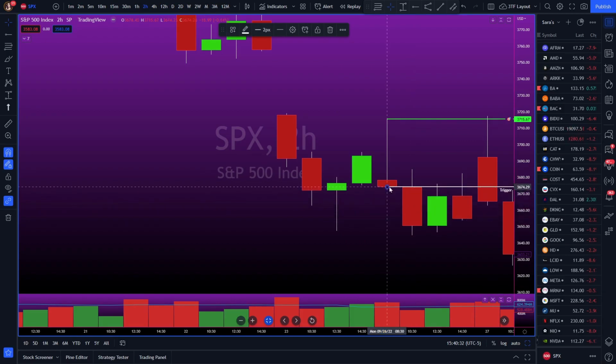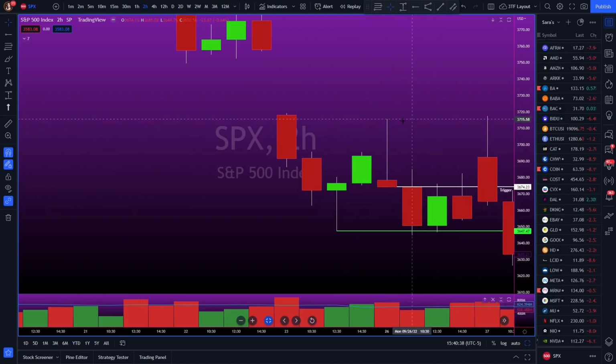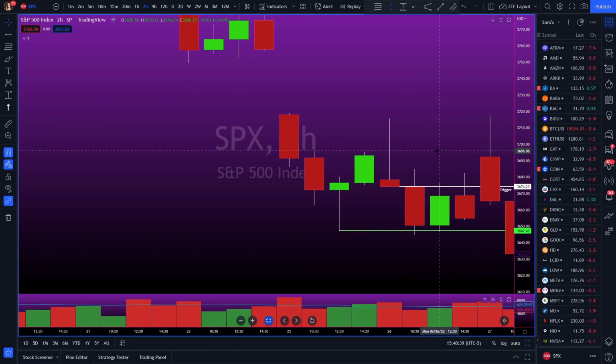So I want to get in with the most amount of time left. So say this is a 1 hour chart and price triggers right here, but maybe there's only 10 minutes left in the hour. It's probably not a high probability setup, and you may just want to skip it because time matters.